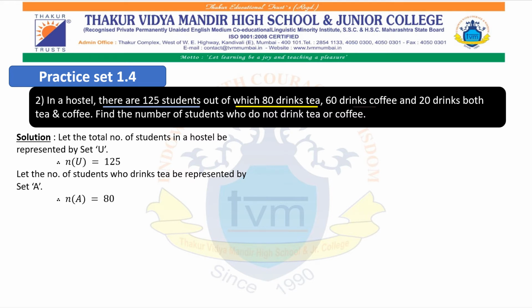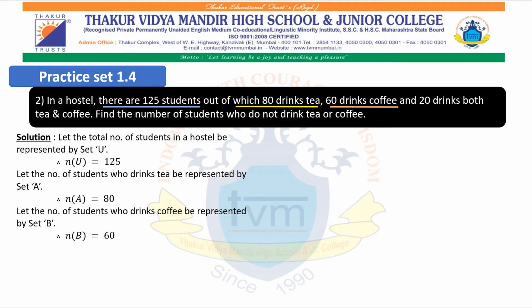Then they say 60 students drink coffee. Students drinking coffee will be represented by another set, for example set B. Therefore, let the number of students who drink coffee be represented by set B, and the total is 60. Therefore, n(B) = 60.